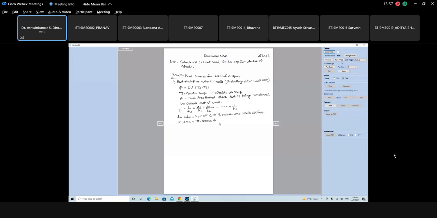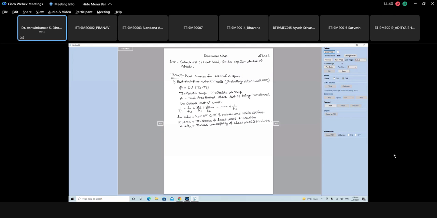Then K1 and K2 are the thermal conductivity of sheet metal and insulation. Okay.